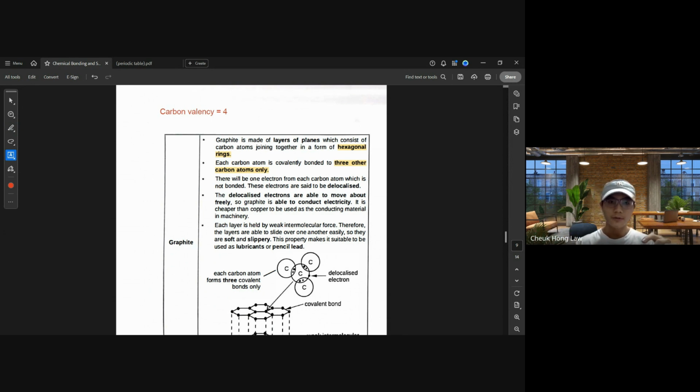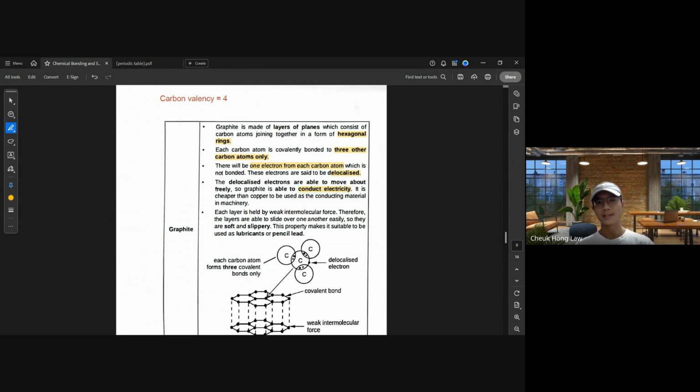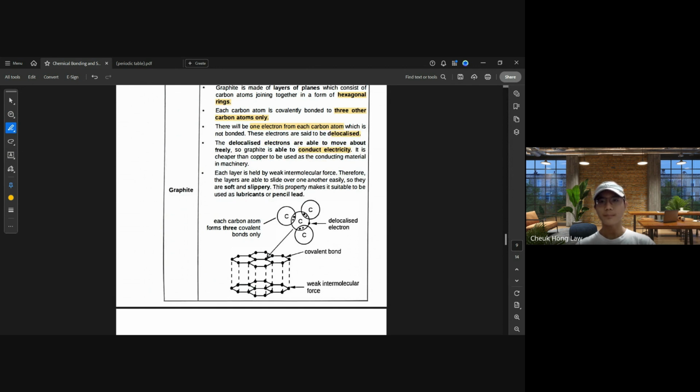Okay, this 1 electron is very special because it can actually be used to conduct electricity. So there's 1 electron from every carbon atom which is not bonded, and these are said to be delocalized, which means free to move. So they can move about and conduct electricity. Okay, so graphite is able to conduct electricity.